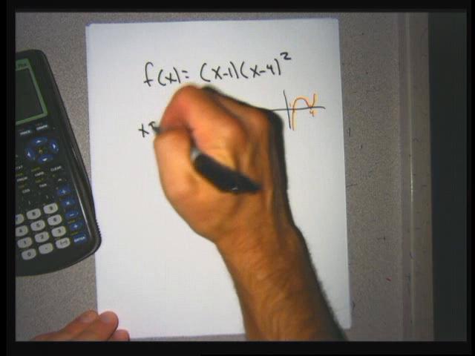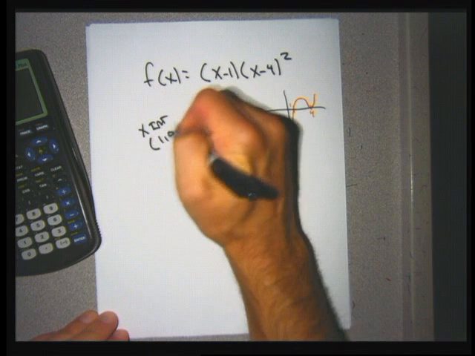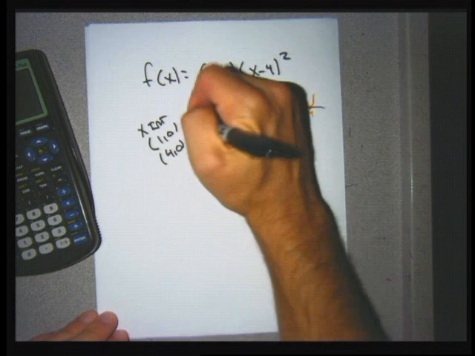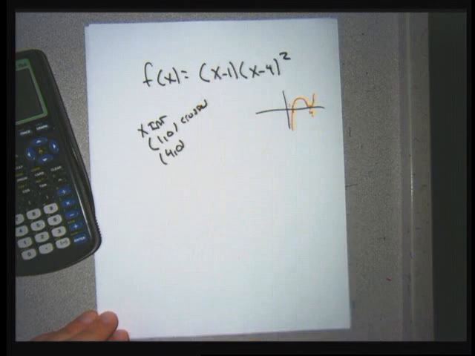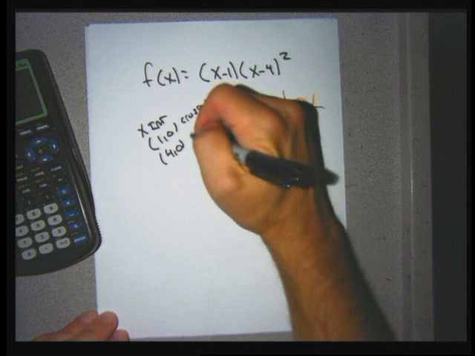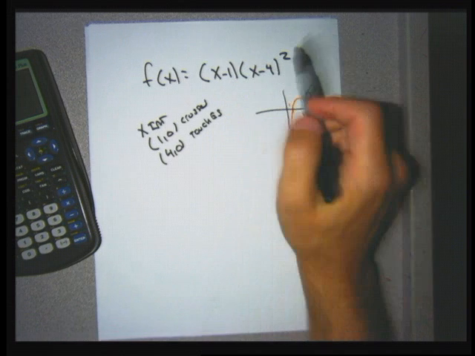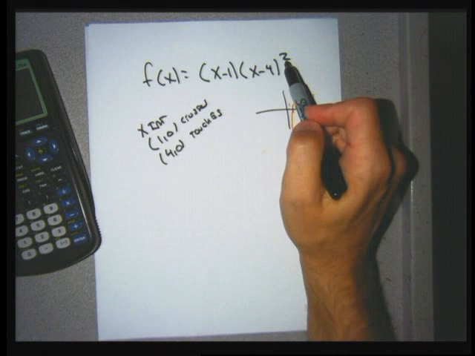So for this one, it still has x-intercepts at 1, 0, and 4, 0. At 1, it crosses the x-axis. At 4, it touches the x-axis. This exponent made that touching happen.